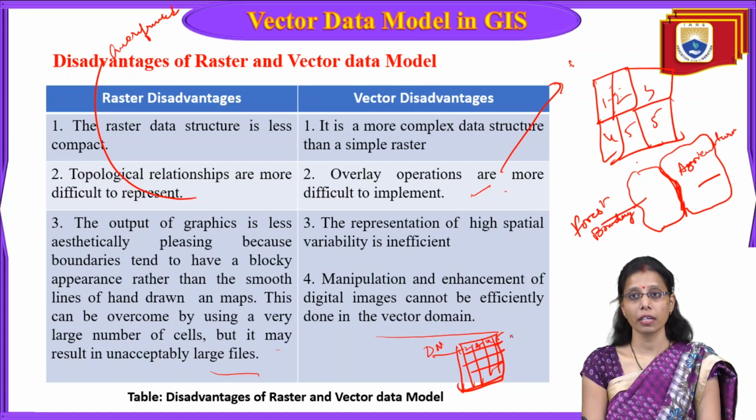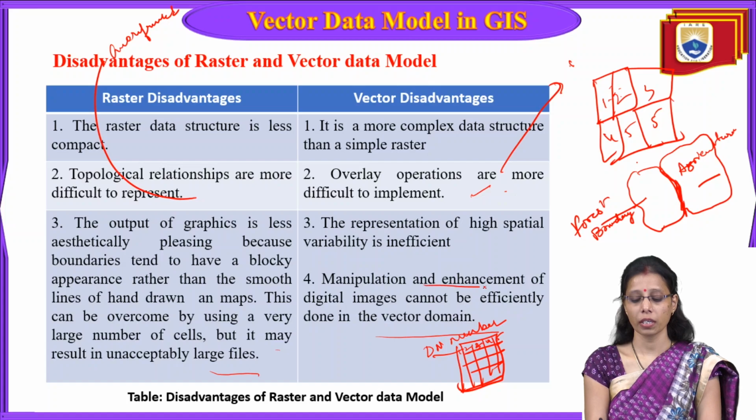So each one has a DN number, and with the help of this DN number, the image enhancement is easy. Manipulation and enhancement of digital images are easy, whereas in vector data we cannot enhance the image because it's a very complex data structure and it has been converted into a soft copy of the raster data.